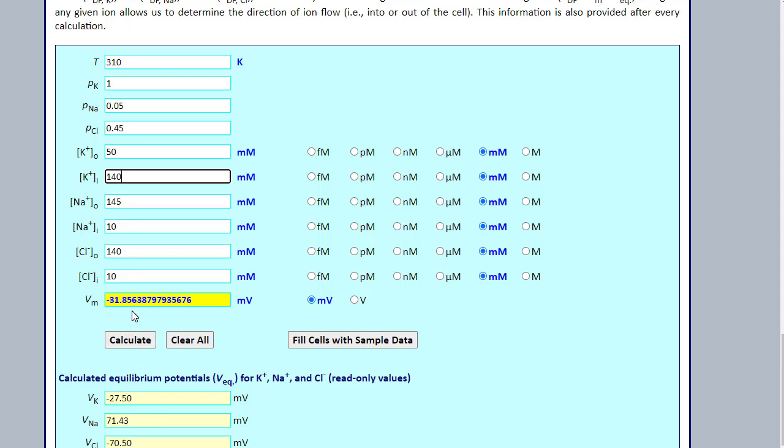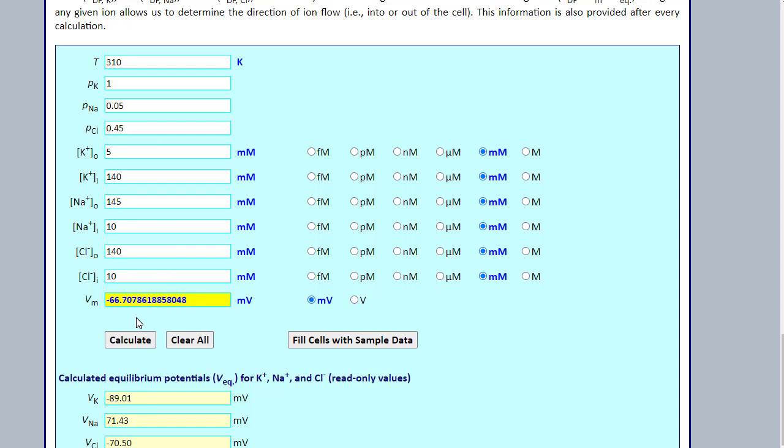So the contribution of potassium to the resting potential, which was pulling it down to a more negative number, is gone, and the resting potential has moved up because that contribution is not there. Okay? If we go back to 5, and we hit calculate, we go back to minus 66.